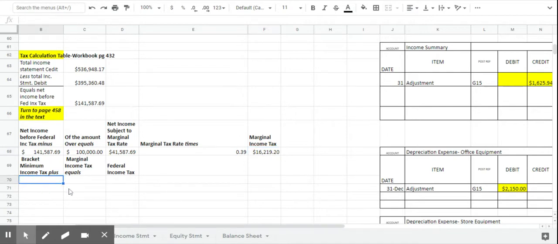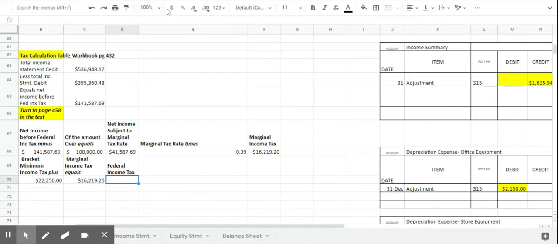The minimum tax amount in that bracket, going back to the textbook again, 22,250. Again, there should be a dollar sign. The marginal income tax, the same number comes down, 16,219.2, dollar sign.